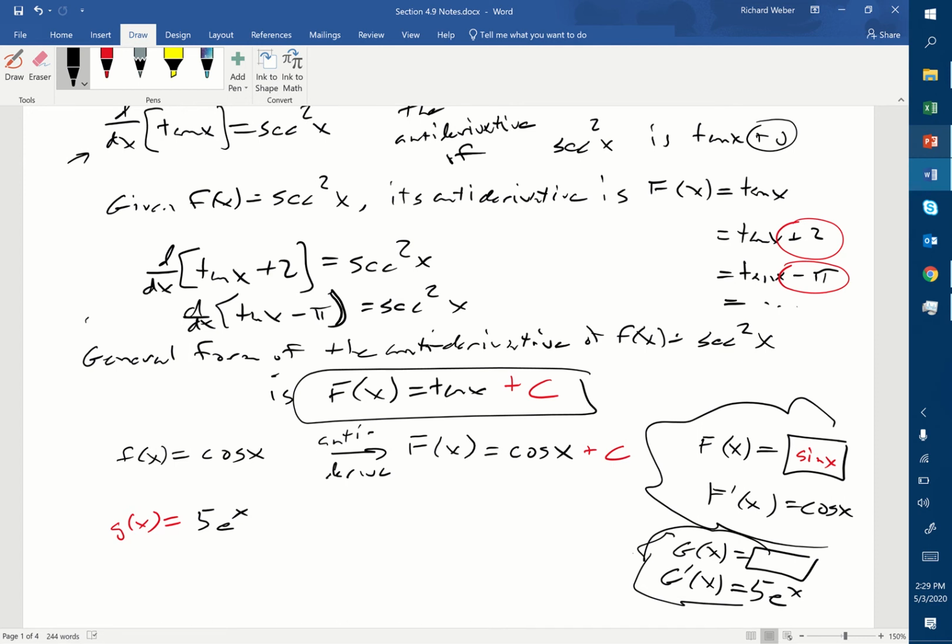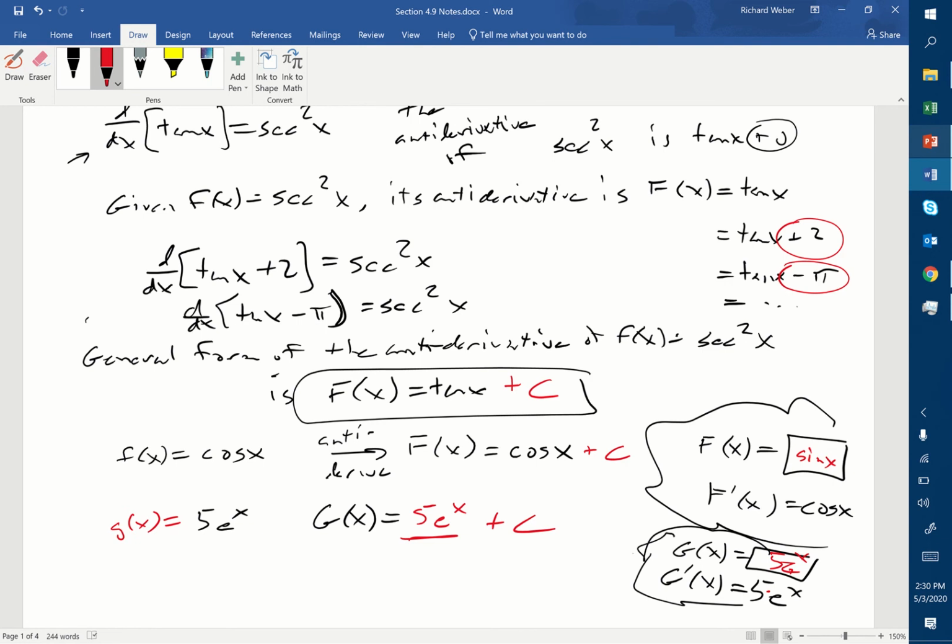I don't know if it's obvious to you, but we're going to make it obvious after a while, it's still 5e to the x, and then plus C. Because when you derive 5e to the x, you get 5e to the x. The constant, when you derive, is just waiting for you to derive, remember? You just go, okay, I'm going to derive 5e to the x, so it's going to be 5 times the derivative of e to the x, which is e to the x.